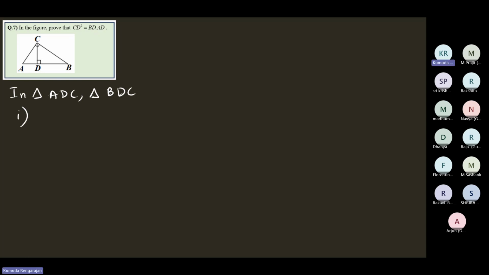Now this one also, children, is very, very important in a situation like this. So in this figure, you see a right triangle. See, what is this figure actually? There's a right triangle. And from the vertex containing the right angle, the altitude is dropped on the hypotenuse.